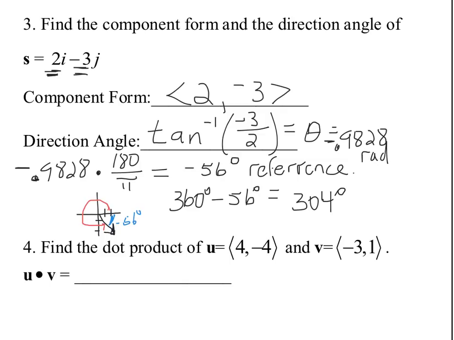So in quadrant 1, we should get an angle between 0 and 90. In quadrant 2, between 90 and 180. In quadrant 3, between 180 and 270. And in quadrant 4, between 270 and 360. And our angle is 304, and we are in quadrant 4, so that's correct, and we can go on to the next problem.